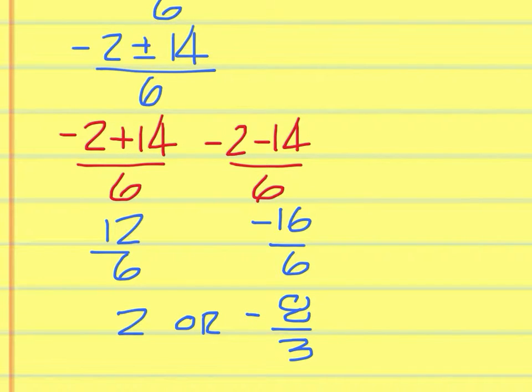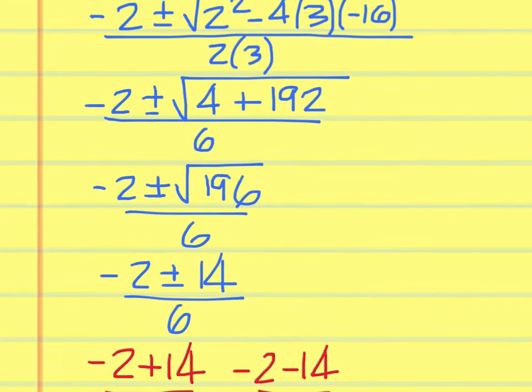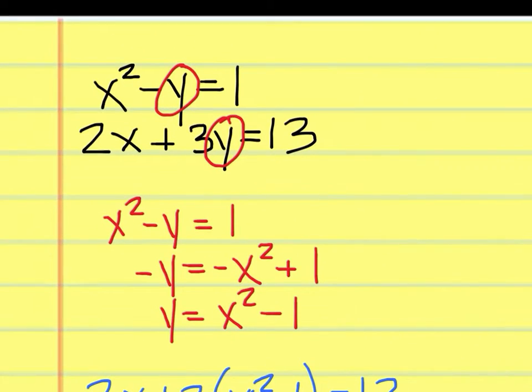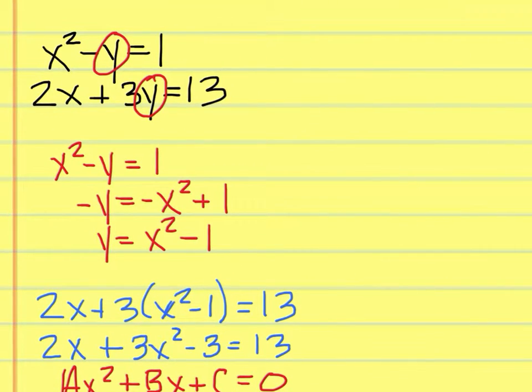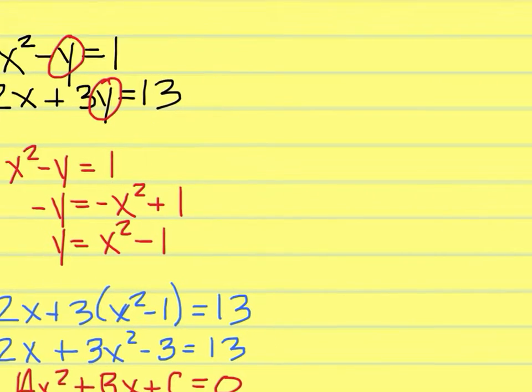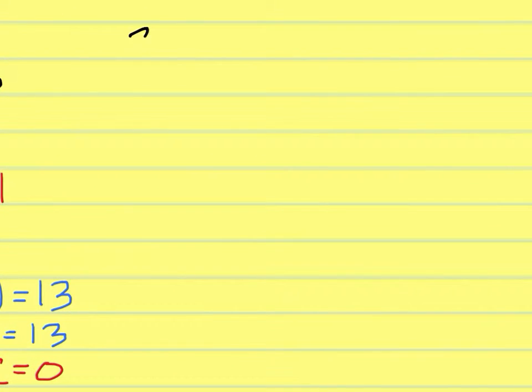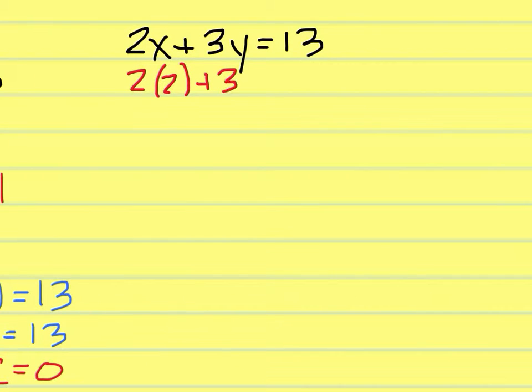So you must take those two answers, 2 and -8 over 3, back to the top. And we'll pick an easy equation. Let's try the second one. 2x plus 3y equals 13, and insert 2 in for x.